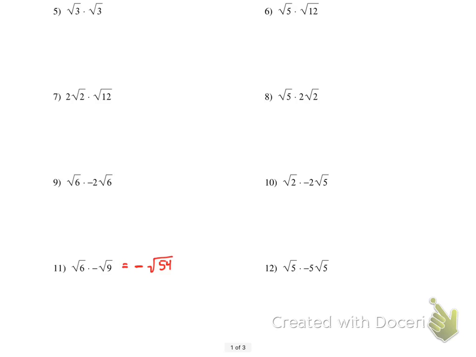What is it? 3. So we could actually save ourselves a bit of work here just by realizing we already have square root of 6 times negative 3. And then we can rearrange that to get our final answer. So you can look for that.